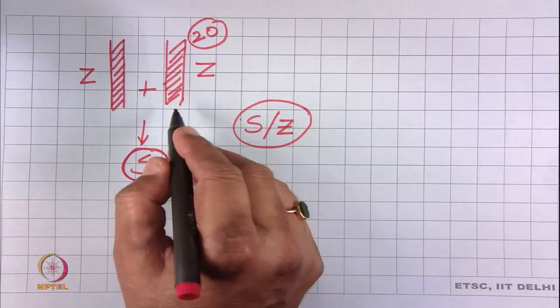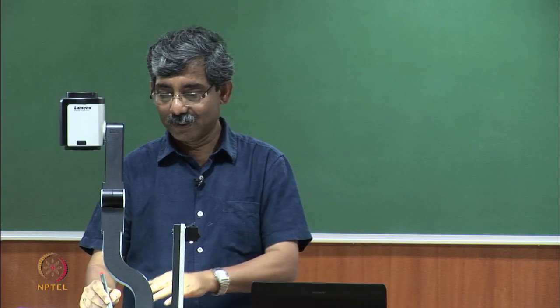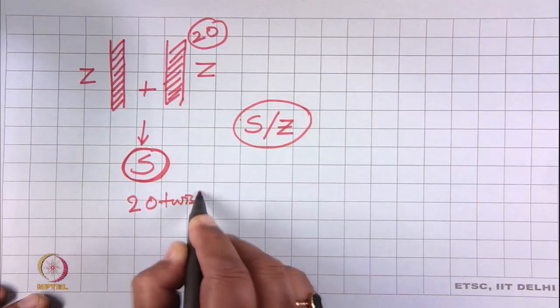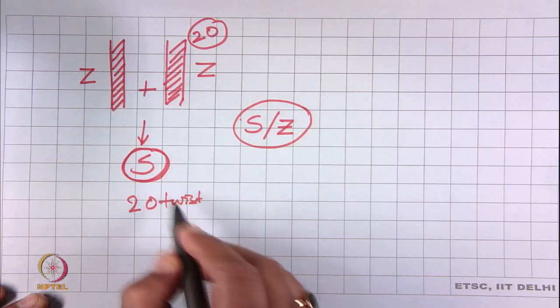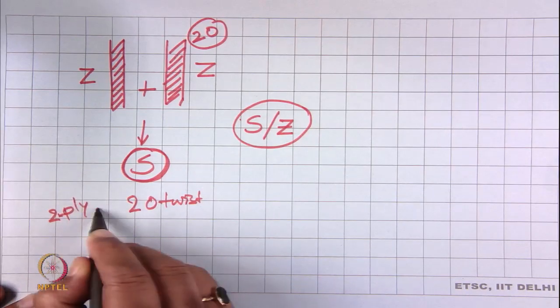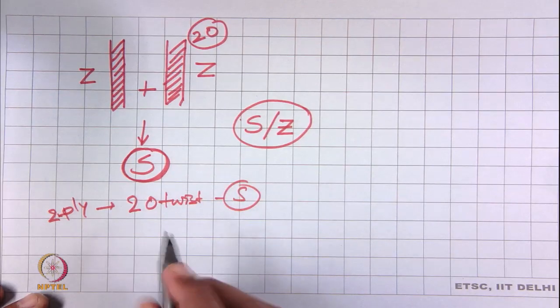So, ideally if we apply 20 twist in the 2 ply, twist 20 in the S direction, then what will happen?